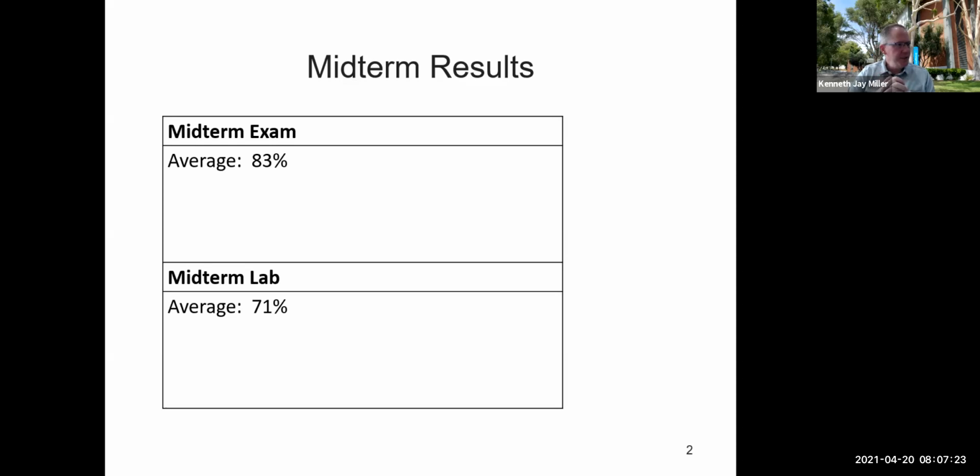And then the midterm lab, the average was 71%. The reason that score is a little bit lower than I'd like is there were several students that didn't take it. For whatever reason, they were unable to find the time to take the midterm.